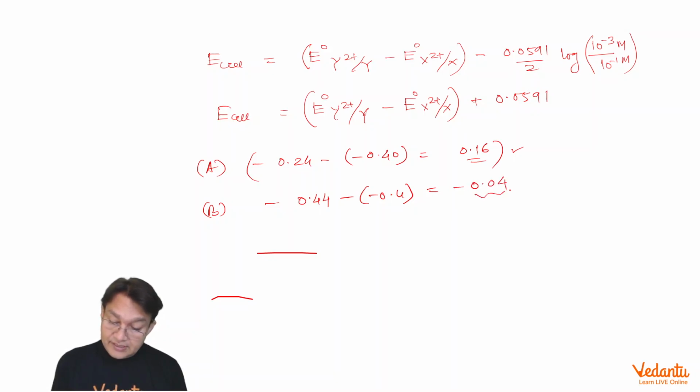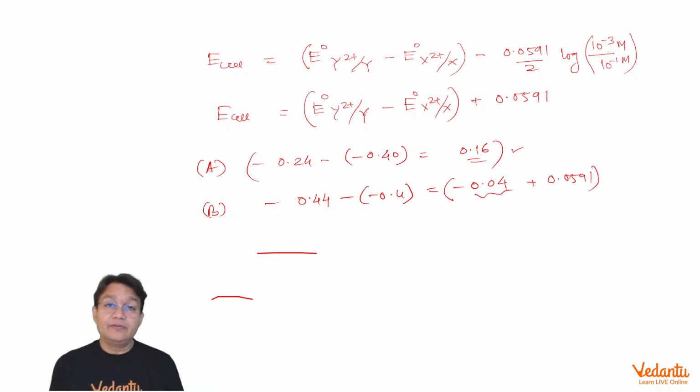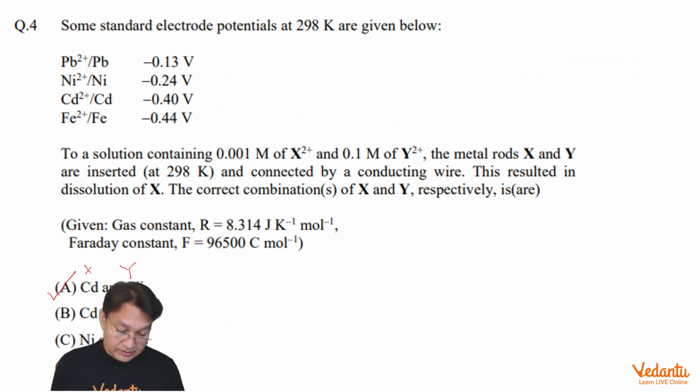So that is E naught cell. But if we add in this 0.0591, this number is going to be positive. So E is slightly positive, so this reaction is also feasible.